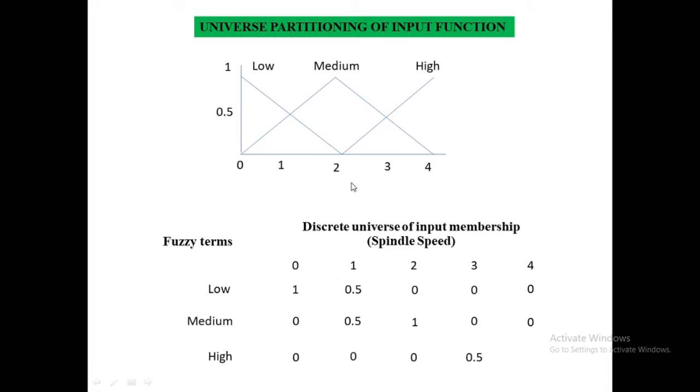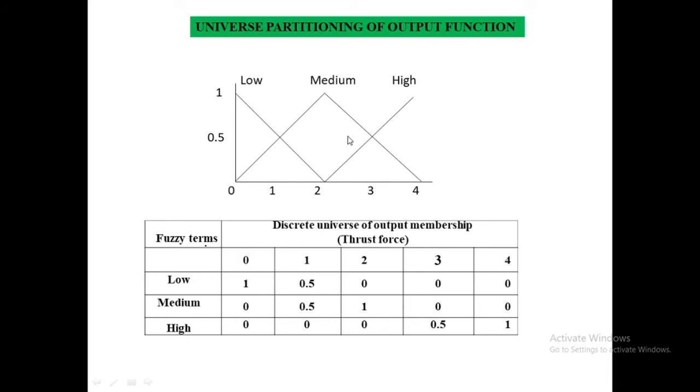After that, the value gradually increases along the x-axis, and it meets the medium line here according to the triangular function. The associated value on the y-axis is 0.5, so I assign 0.5. After that, for high, the associated value is 1. Likewise I fixed the table. I framed the table according to these universe partitioning input function values.